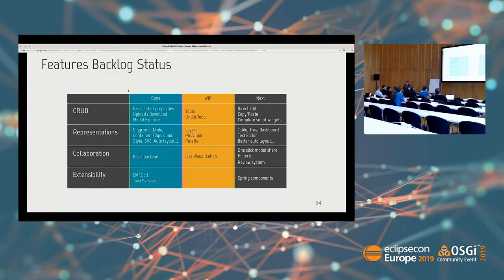From the collaboration point of view, our backend already supports basic concurrent edition, as you see. We are working on the kind of live visualization collaboration that you can find when you work on Google Doc. So we're trying to do that also, this is why the UX will change a little bit.